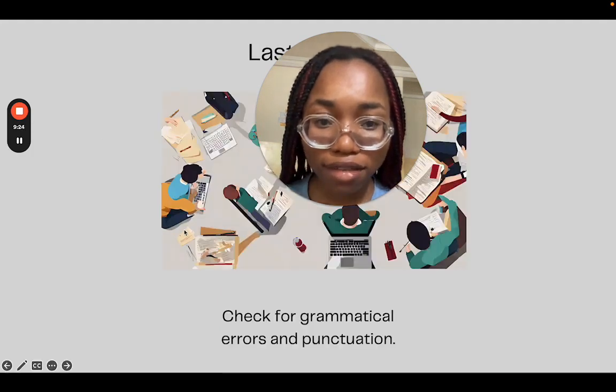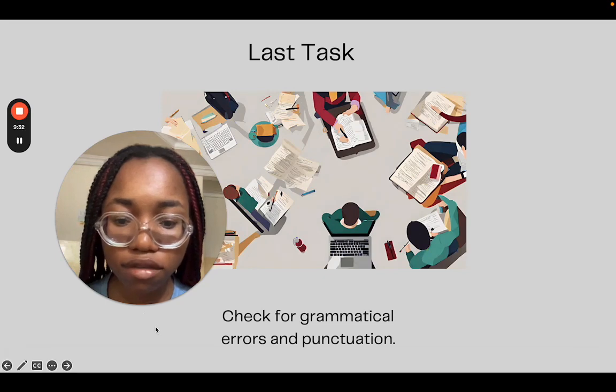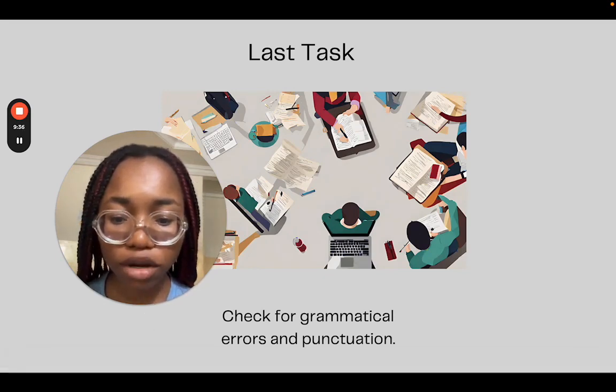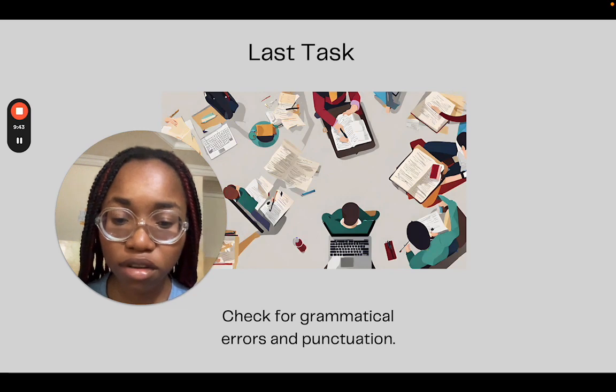So our last task. What is the last thing you have to do? The last thing you have to do is proofreading. Check your grammatical errors and punctuation. Usually you would have to get an expert for this. You can get someone to check the grammatical errors and punctuation.